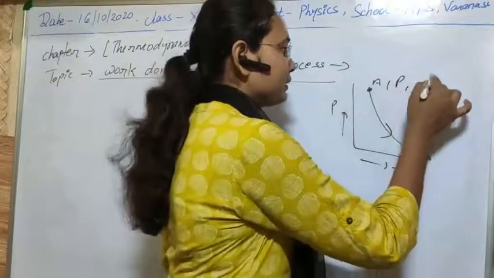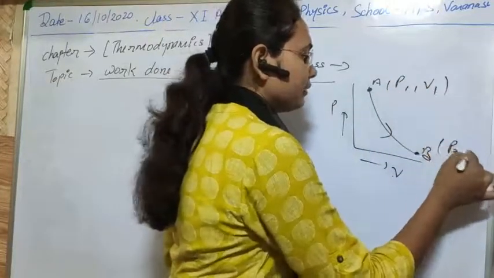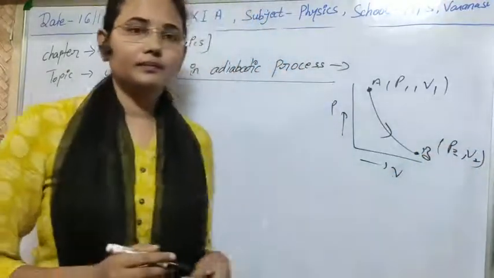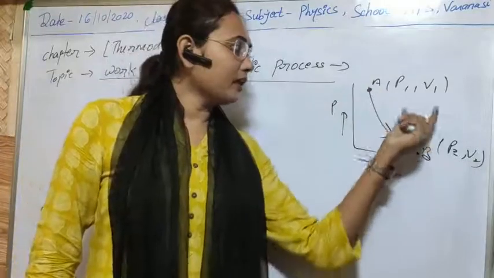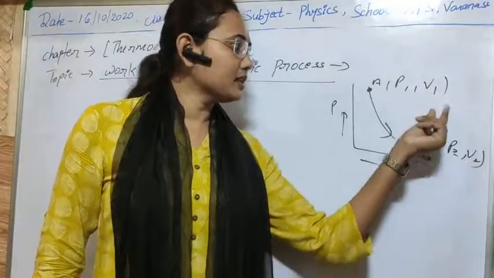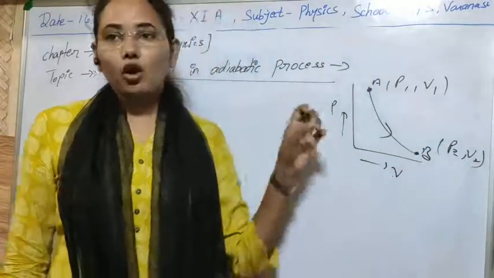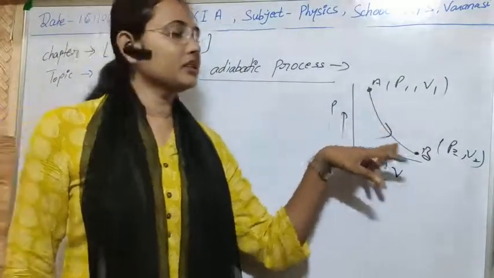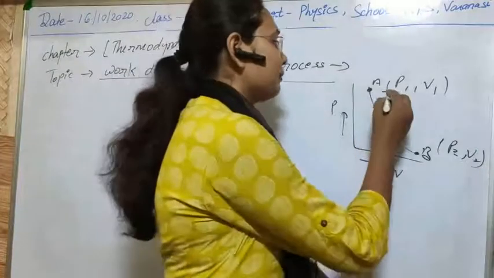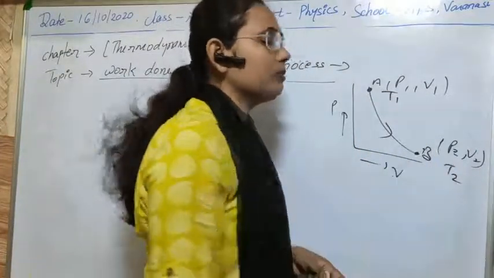Here the pressure is P1 and here P2, with volumes V1 and V2. So while changing from A to B, its pressure is changing, its volume is changing, and since the process is adiabatic, its temperature will also change. The temperature here will be different from the temperature here.